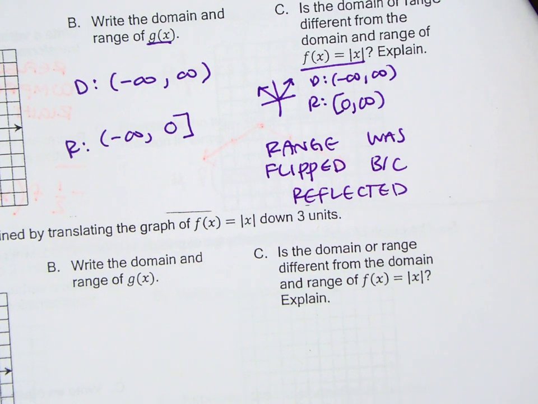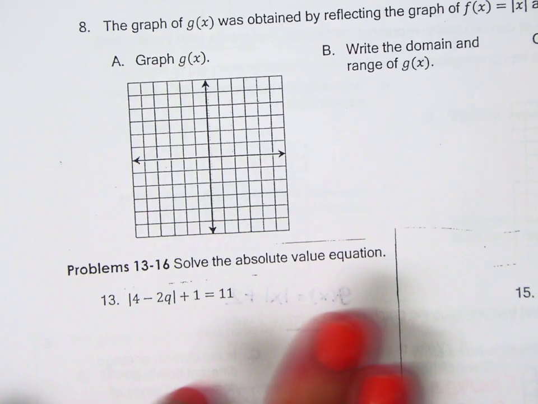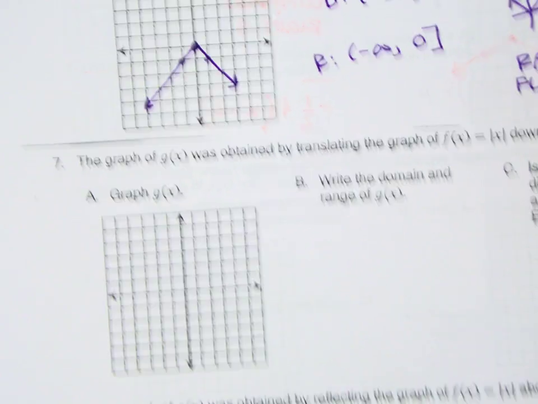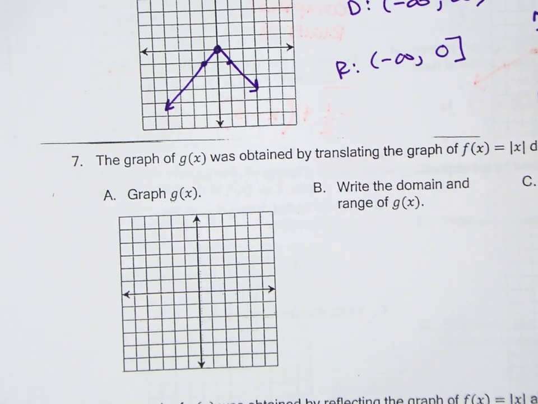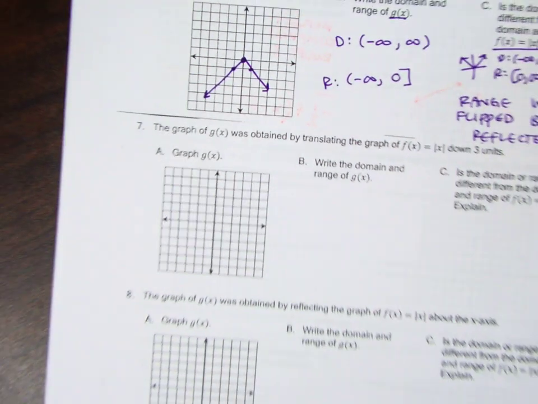Okay, so if I were you, pause the video, do your 7 and 8. All right, now before I move on to some of these solving ones, I want you to remember that all of these graphing ones, if you struggle graphing by hand, you can always graph in the calculator.